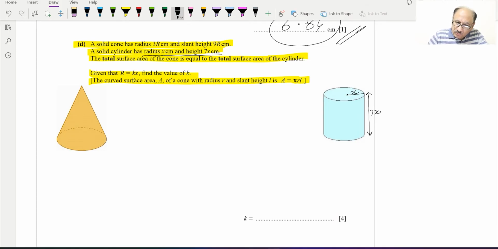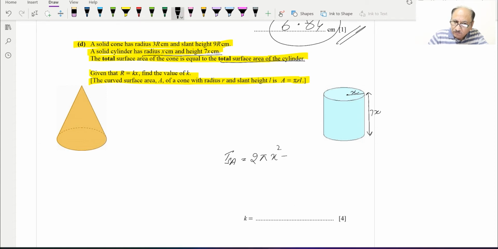So we can find the total surface area of the cylinder. Total surface area of the cylinder will be what? For the top and bottom, pi r square is the area, so with r as x, we write 2 pi x square.